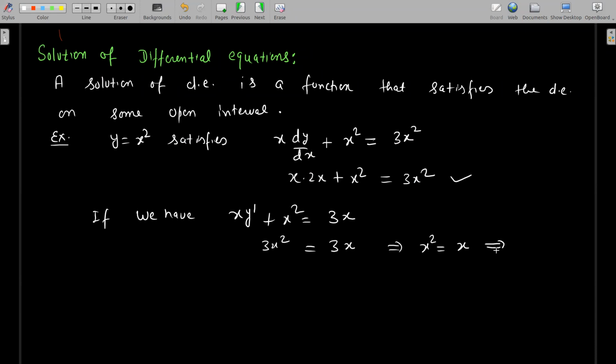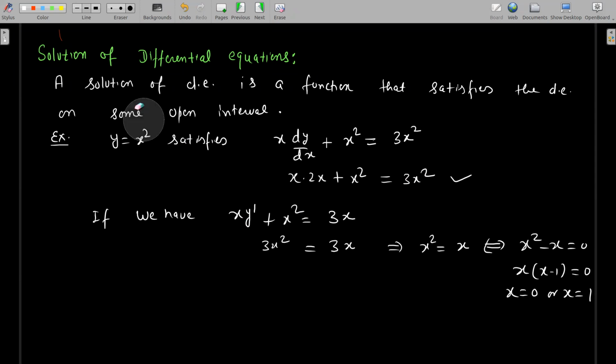So if and only if, so what are the possible values? Either x is 0 or x equals to 1. So if you take this function y equal to x square, this satisfies the first equation. So we say that this is a solution of this differential equation.